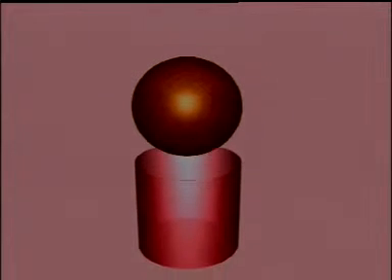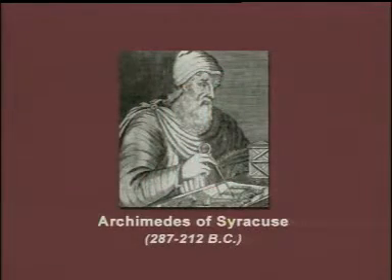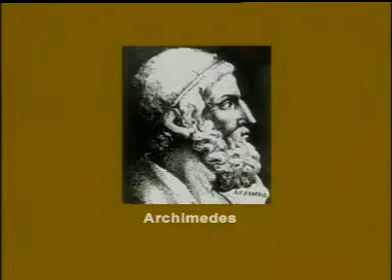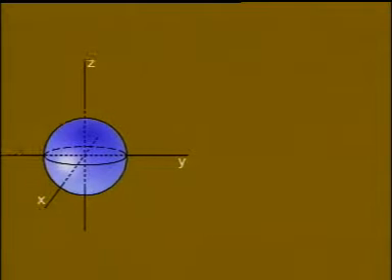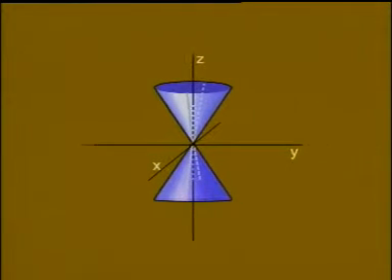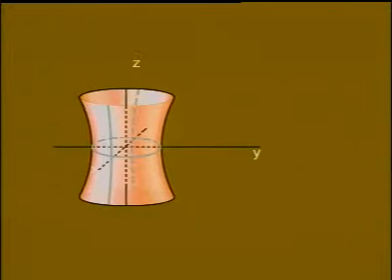In the 3rd century BC, 1900 years before the advent of modern calculus, Archimedes evolved various methods of computing volume and surface area of a number of geometric figures like sphere, cone, a segment of a paraboloid of revolution, and a segment of a hyperboloid of revolution.